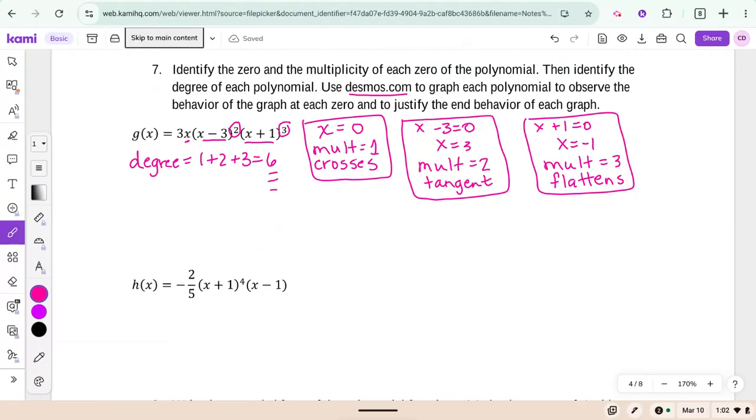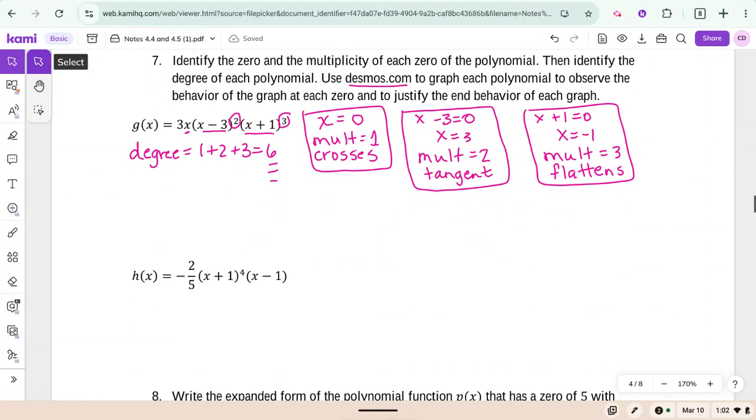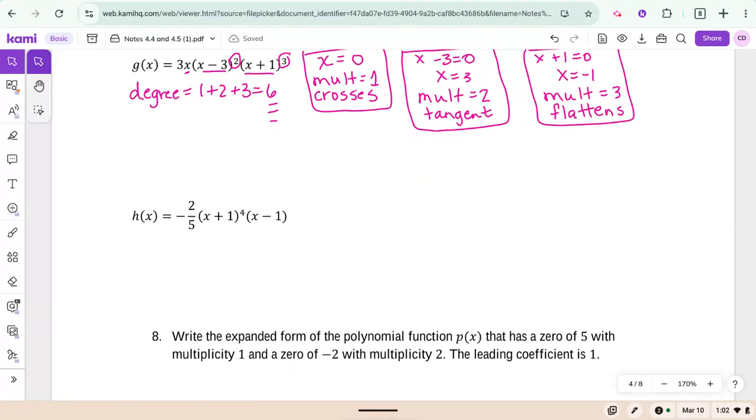All right, let's take a look at this next example. We have -2/5. That's not a variable, so we can ignore that. Let's go on to x plus 1. If we set that equal to 0 and solve, we get x equals -1. It has a multiplicity of 4 because of this. And then we have x minus 1.